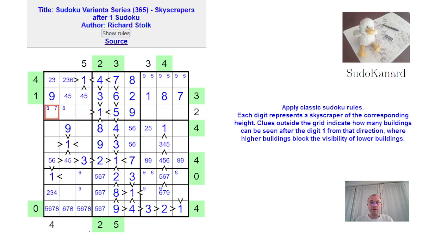So 7 doesn't go here, 7 is here, that's 8. And like I was saying, that has to be a 5, there's a 6 somewhere in here, that's a 4, and 8 is here. And because of this, that's a 6, and that's a 7, and that's a 9. Huge consequences.